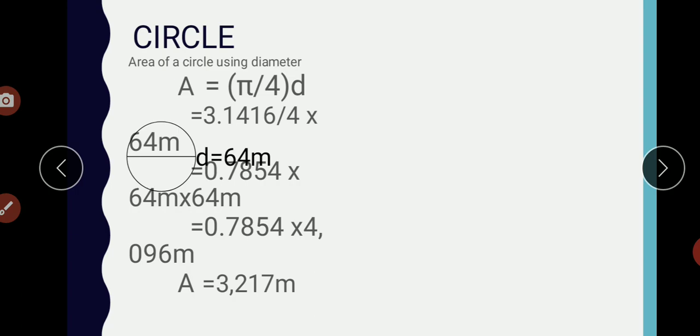It will give us 0.7854 times diameter squared, that is 64 meters. 64 times 64 times 0.7854 equals 3,217 meters squared.